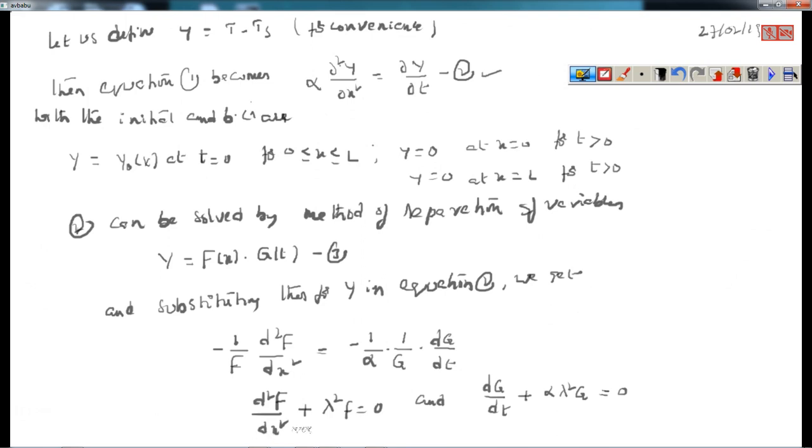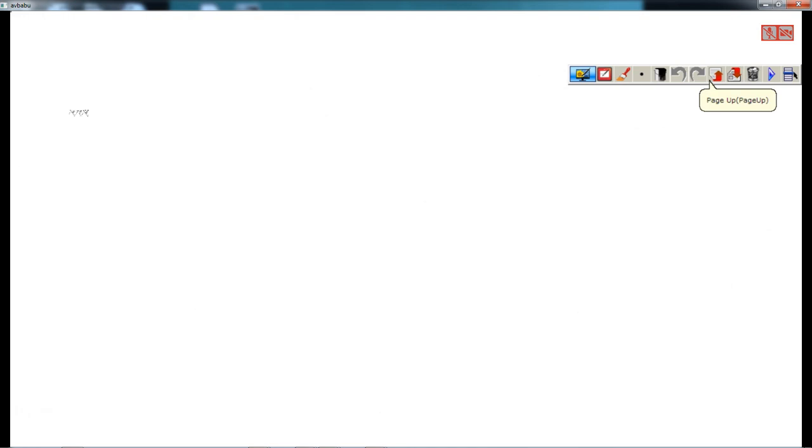Now, solving these differential equations, I will write them again: d square f by dx square plus lambda square f is equal to 0, and dg by dt plus alpha lambda square g is equal to 0.